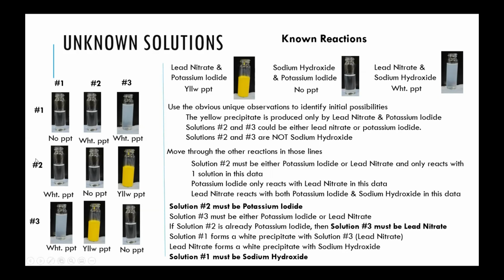So you have your observations, and the best thing to do is start with the very unique ones first, the ones that are absolutely obvious that you know the 2 compounds that form that observation. And the most obvious one would be the bright yellow precipitate of lead nitrate and potassium iodide.